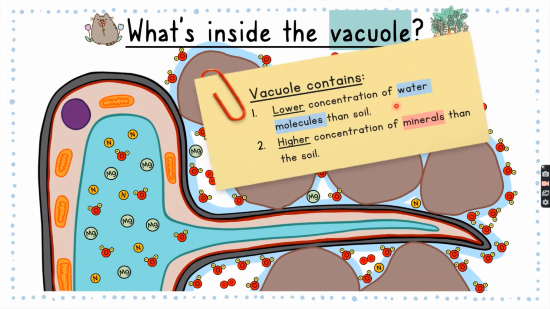So maybe some of you might be wondering, why would they have lower concentration if they're absorbing so much? That's their main job. They have one job. Okay, no, they have two jobs, but one of their jobs is to absorb water. If you remember, water is going to be sent to the leaves.